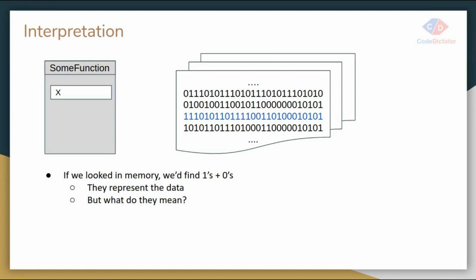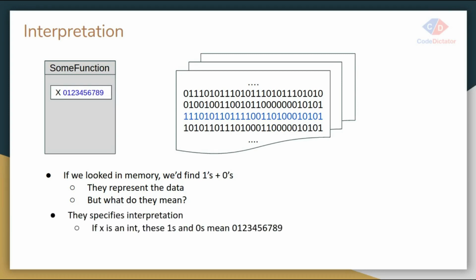The blue one is for your variable X, but what does it mean? That blue set of ones and zeros represents the value of X. As an example, if X is of integer type, then these bits mean it has the value 123456789.